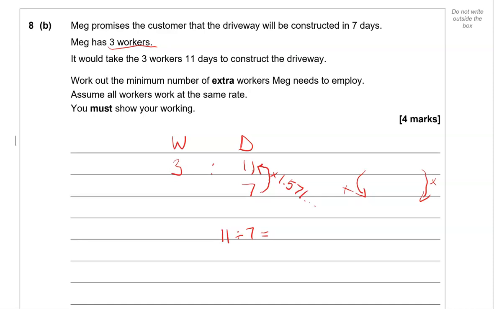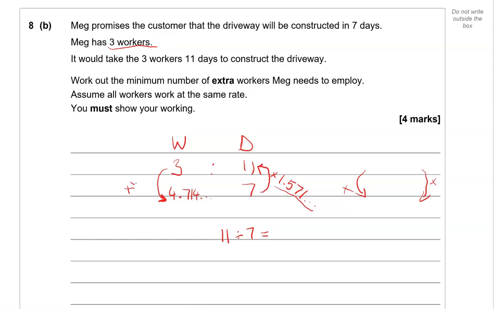Now, once you get that number in the calculator, use that to do the next step. So as we said, because it's inverse calculation, now the arrow will go down like this. So I'm going to do 3 times this number. I've got that number already in the calculator, and I'm just going to do times 3. And that gives me 4.714 and so on.